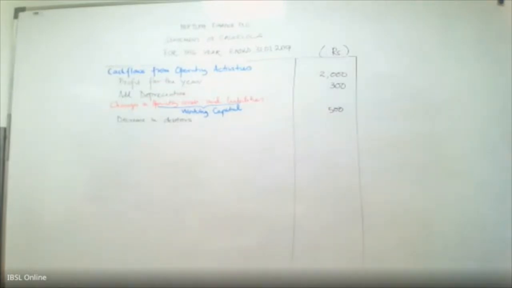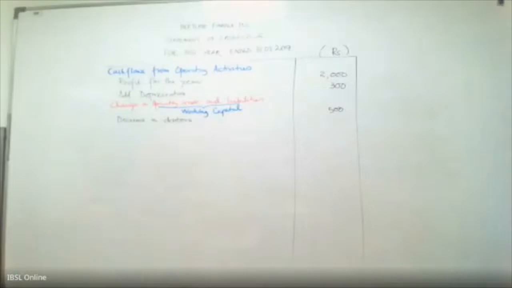Then inventory. By the way, we don't consider the cash position here because that is our objective. Right? We don't touch the cash. So debtors is done, then inventory. What has happened to inventory? Inventory has decreased.